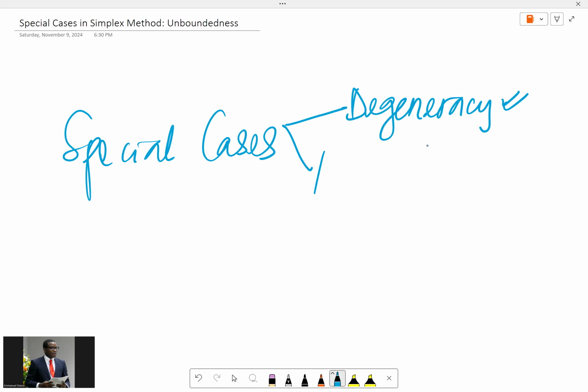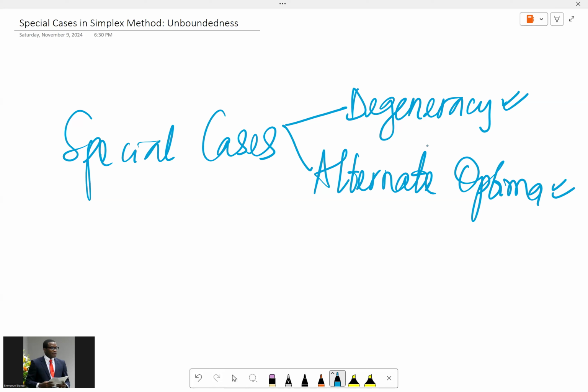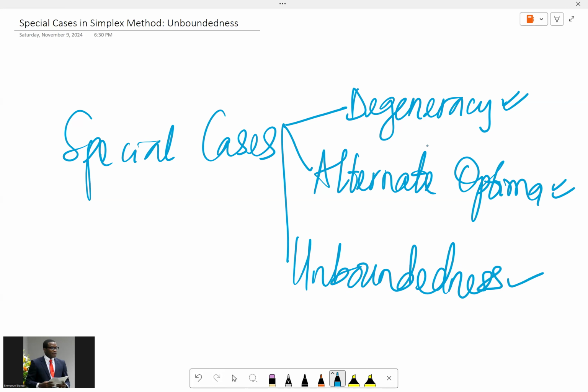Then we've dealt with alternate optima in the last video. So in this video, the focus is going to be on unboundedness. And after this, we'll be talking about infeasibility. These things actually seem to bear resemblance with what we had for the graphical method of solving linear programming problems.